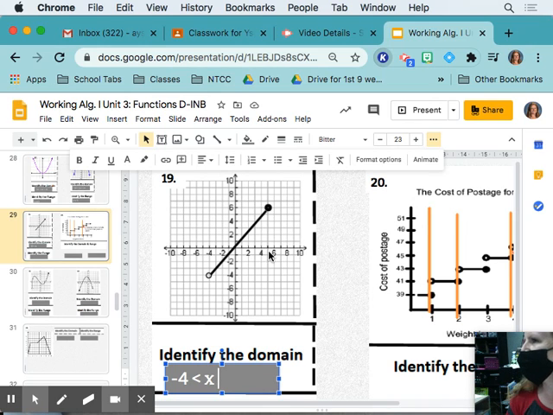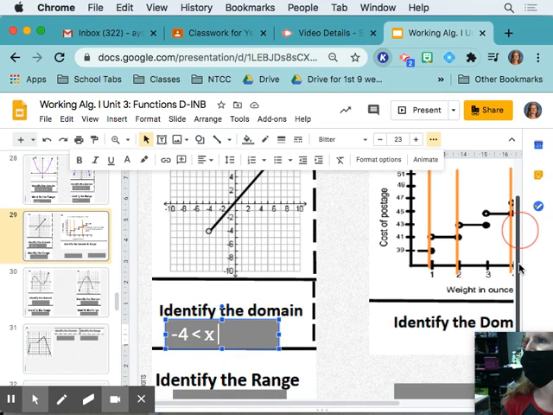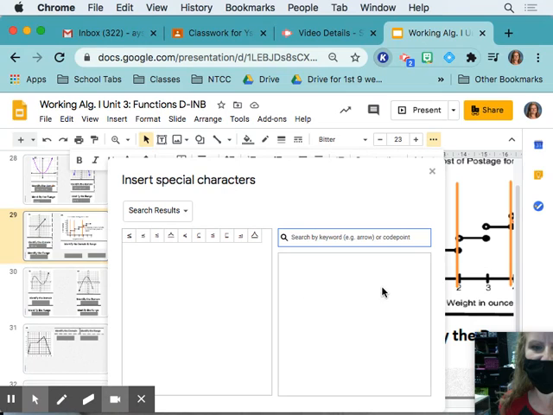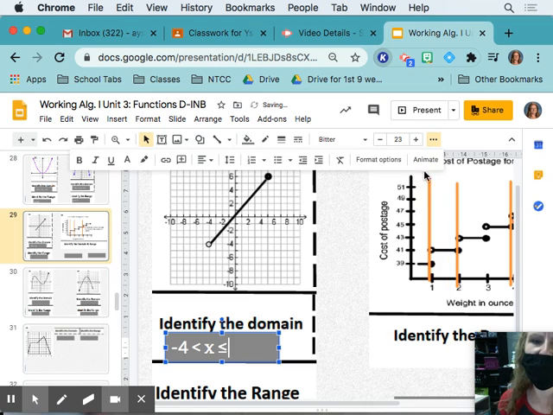But what symbol do I put in? Less than or equal to. Insert symbol less than or equal to, because it is a closed circle. Closed circle means less than or equal to. So less than or equal to 5.